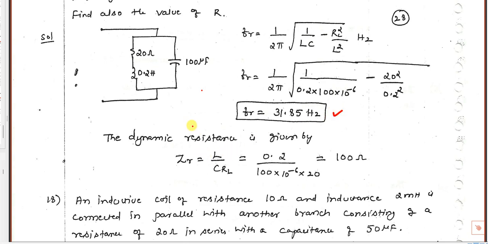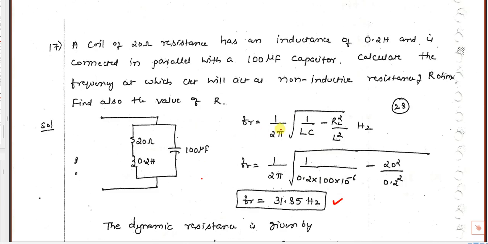And after that, we have to calculate the frequency at which the circuit acts as non-reactive, which is nothing but resonance only, because the imaginary part is zero. So indirectly they asked to find the resonance frequency because the imaginary part is zero.